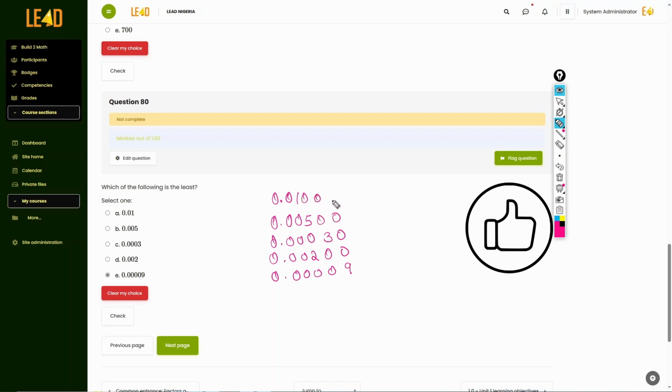You would then see what they actually look like, in a manner that can be easily compared. So for instance, this looks like 1,000, this looks like 500, this looks like 30, this looks like 200, and this looks like just 9. All right, so it's obviously the smallest, or least, is 0.00009.